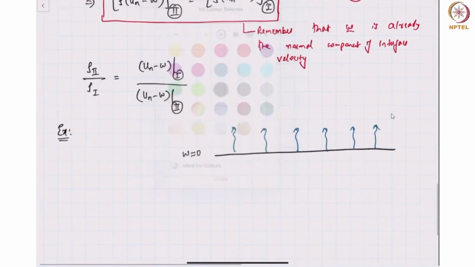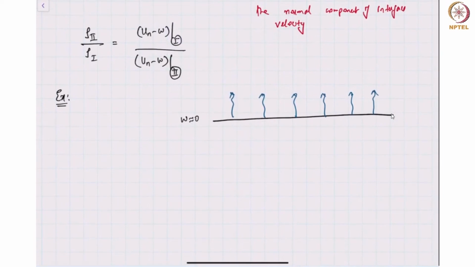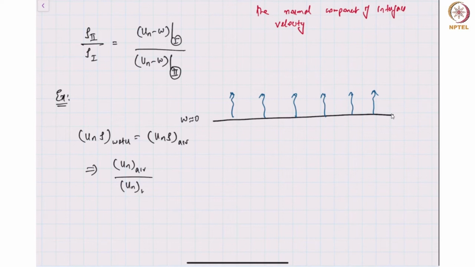Then what we now have is a simple relationship. Un rho for water is equal to un rho for air, or in other words, the normal velocity of the air to the normal velocity of the water is approximately rho water by rho air, which is approximately 1000.